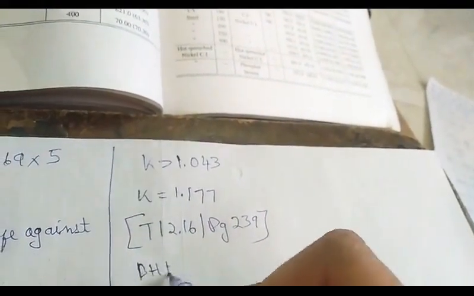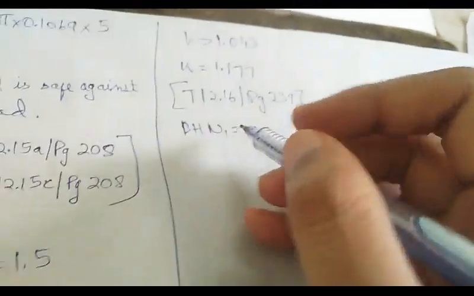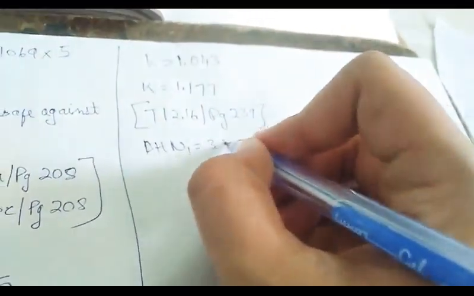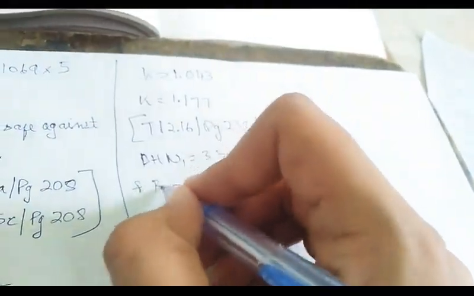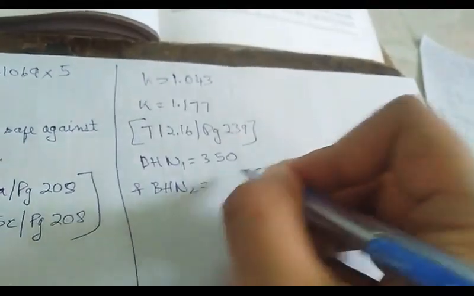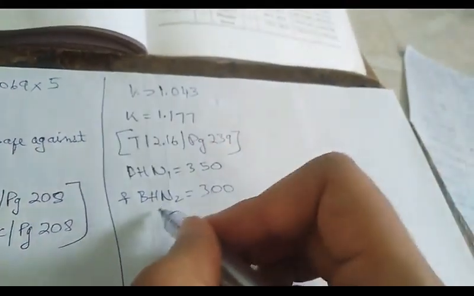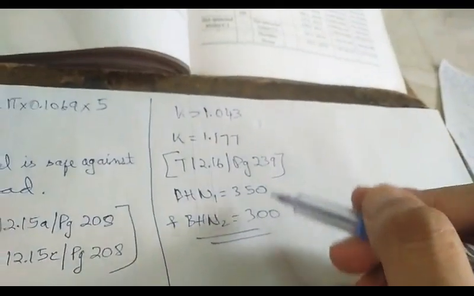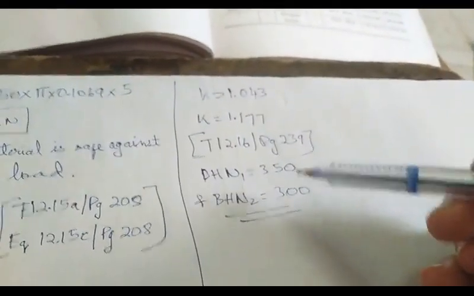Similarly the corresponding hardness for pinion is 350 BHN, and for gear it is 300. So this is the hardness that we are going to suggest for both pinion and gear.